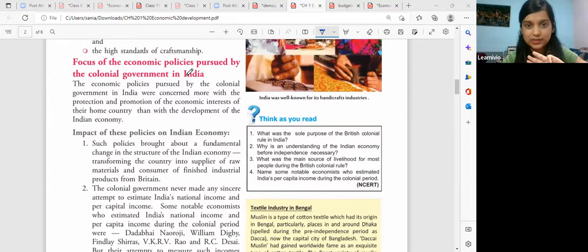This is my policy. Similarly, next day some other teacher will come, she'll give her instruction that you have to do this. So it's her policy. Similarly, when Britishers came, they gave their economic policy that you will run your economy according to these policies, that you have to do this, you have to do that.